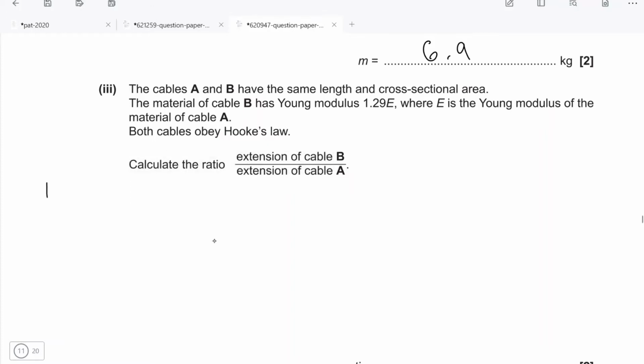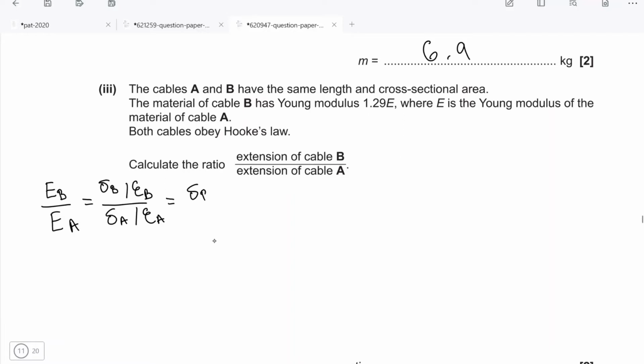So I'm going to do Young's modulus of B divided by Young's modulus of A. Well, this is equal to the stress over strain of B, so stress of B divided by strain of B, and then that's going to be divided by the stress of A divided by the strain of A. Well, let's just work on this fraction a little bit. So remember, if we're dividing by a fraction, it's the same as multiplying by the inverse.